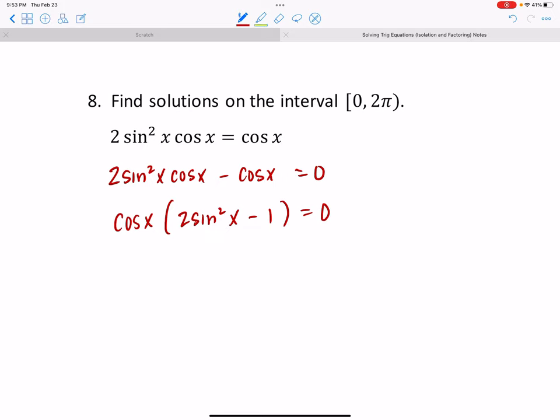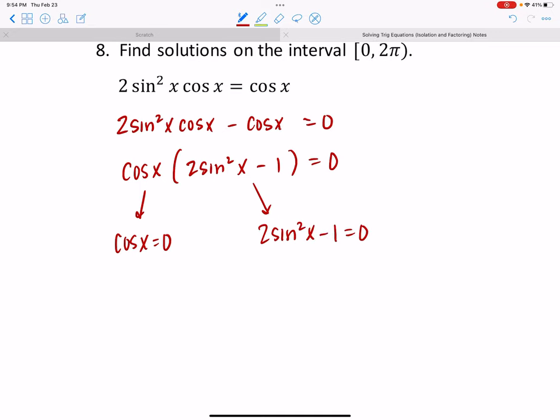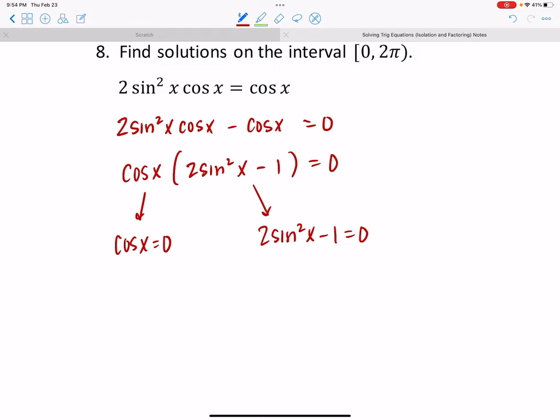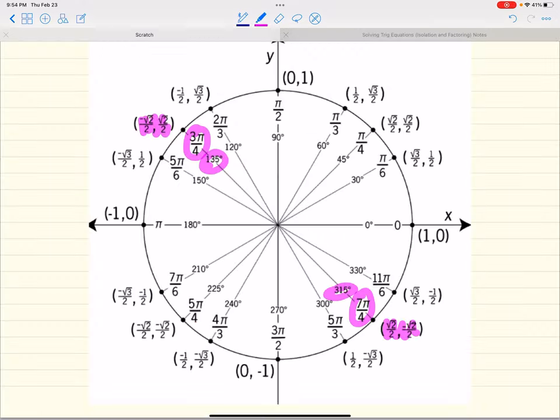Once I'm in factored form, again, making each of the factors equal 0 is going to get me solutions. So again, where's the cosine of x going to equal 0? We just did that. And now here, where is 2 sine squared x minus 1 going to equal 0? So we literally just did this one here. Where's the cosine equal to 0? But we're in radians. Let me just go ahead and go back.